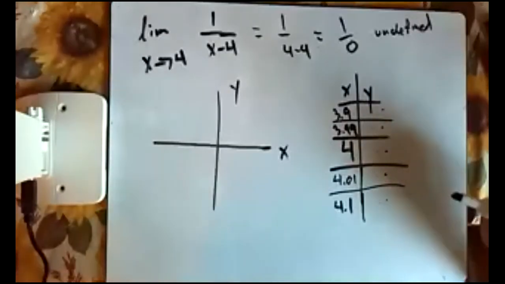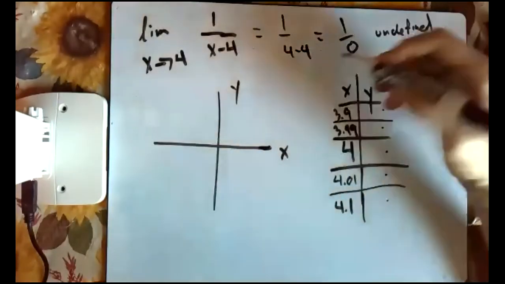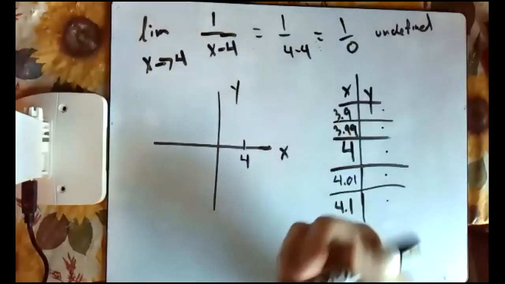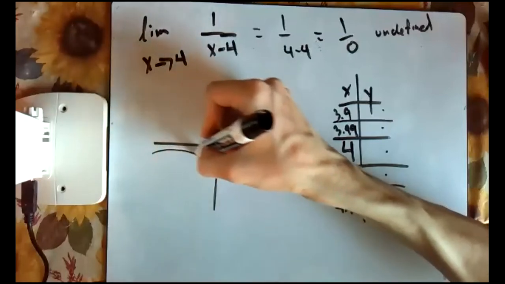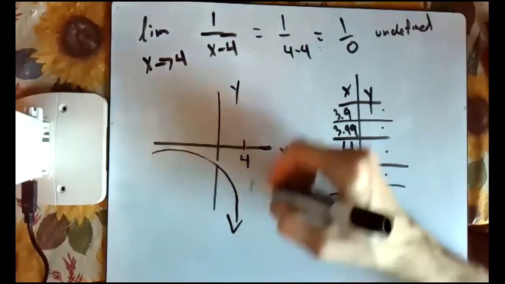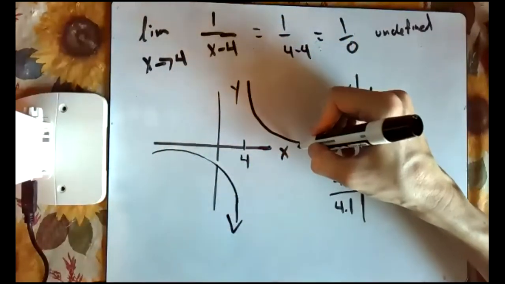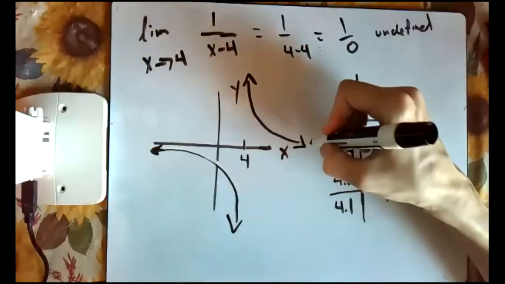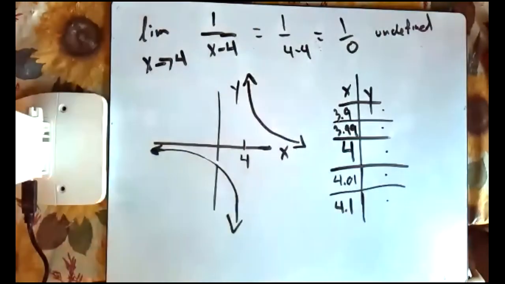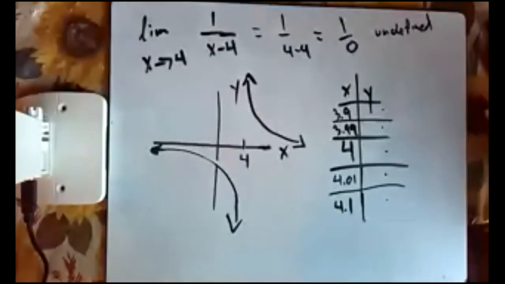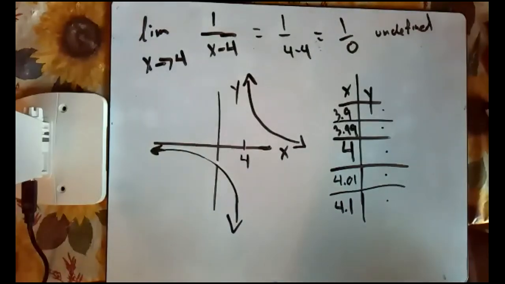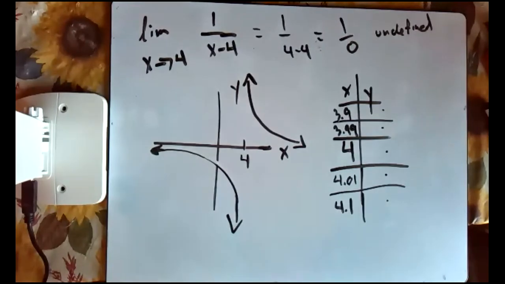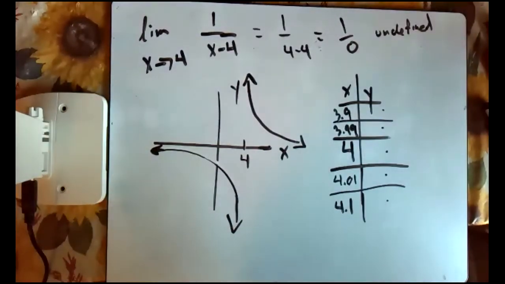So graphically, what's happening right here? At 4, we don't have an x value. We don't have a y value that exists. But what your graph does wind up doing is something like this right here. So we don't have any open circles or closed circles at all.